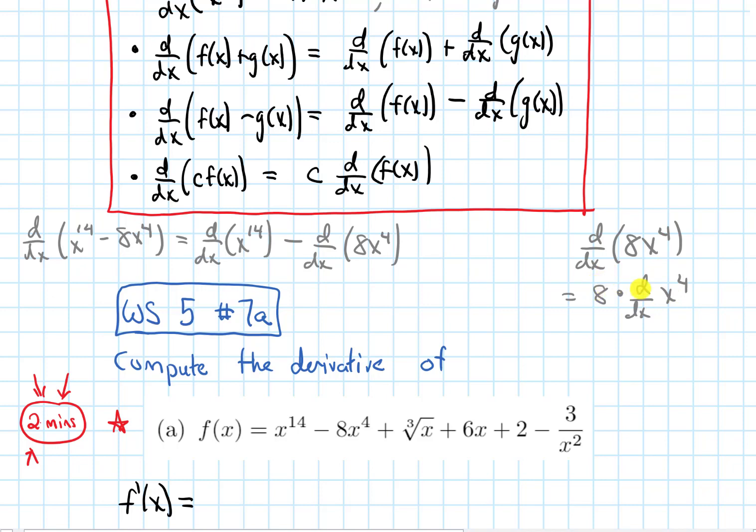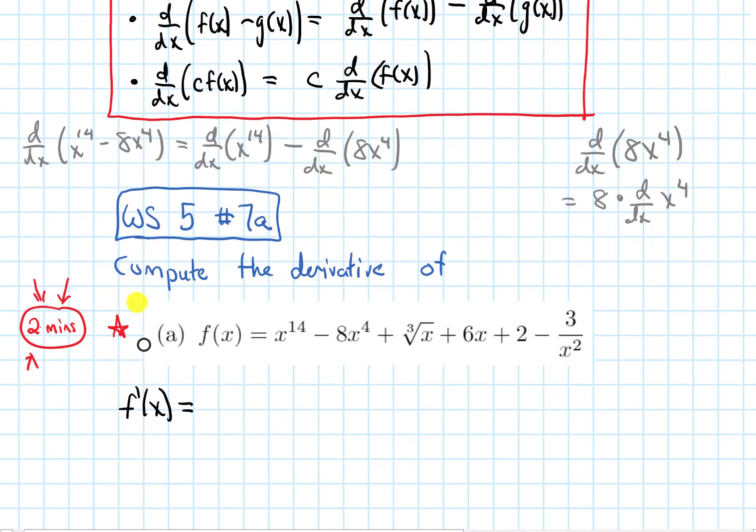So if we use those, for the derivative of x to the 14 using the power rule, the 14 comes down, and then I subtract 1 from the power and get x to the 13. For the next term, remember 8 is a constant multiplying the x to the 4, so the 8 should stay there and multiply the derivative of x to the 4, which using the power rule is 4x to the third, because the power comes down and I subtract 1 from the power.